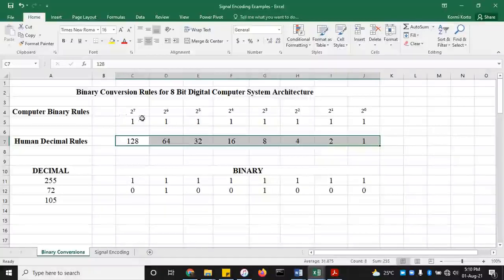And then once you add them all up, you would have 255, which will make up the decimal value of an 8-bit digital computer system architecture having all of its bit sequence switched on, or in an on state. I hope I'm making things clear with this.